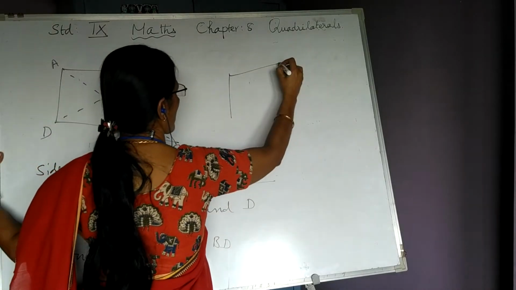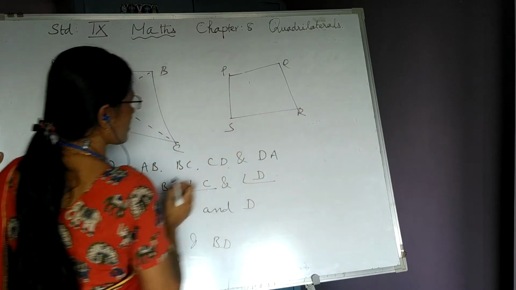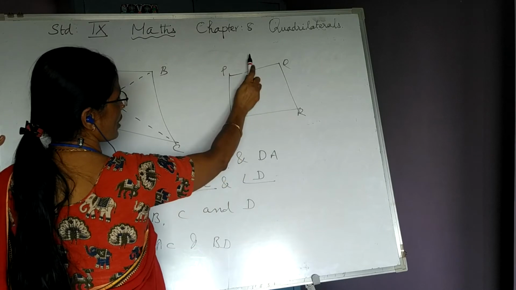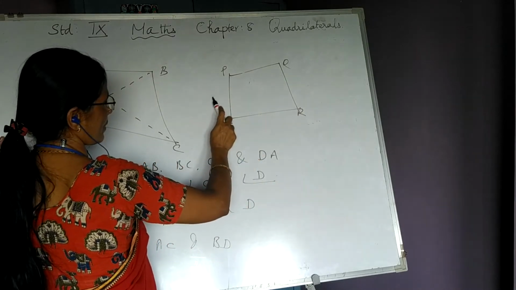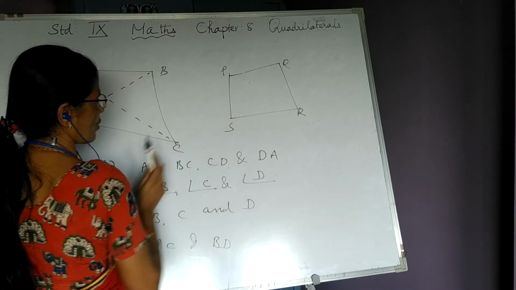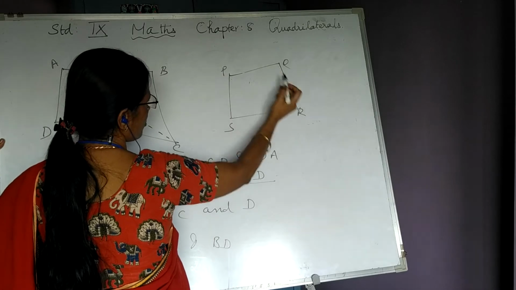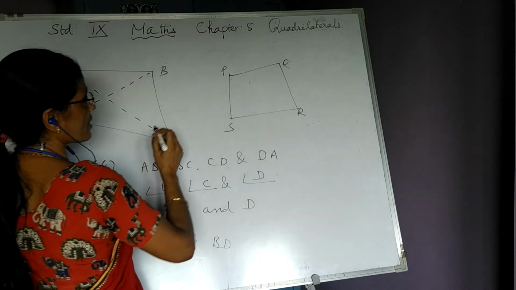Let us understand one more quadrilateral for sides, angles, vertices, and diagonals. Which are the sides of this particular quadrilateral? PQ is one side, QR, RS, and SP. There are 4 sides of the quadrilateral. Which are the angles? Angle P, angle Q, angle R and angle S, 4 angles. Which are the vertices?